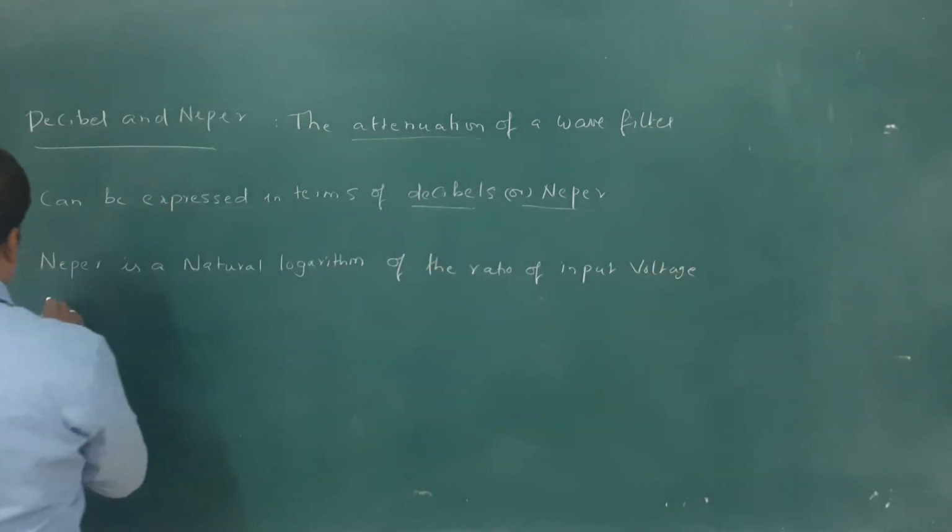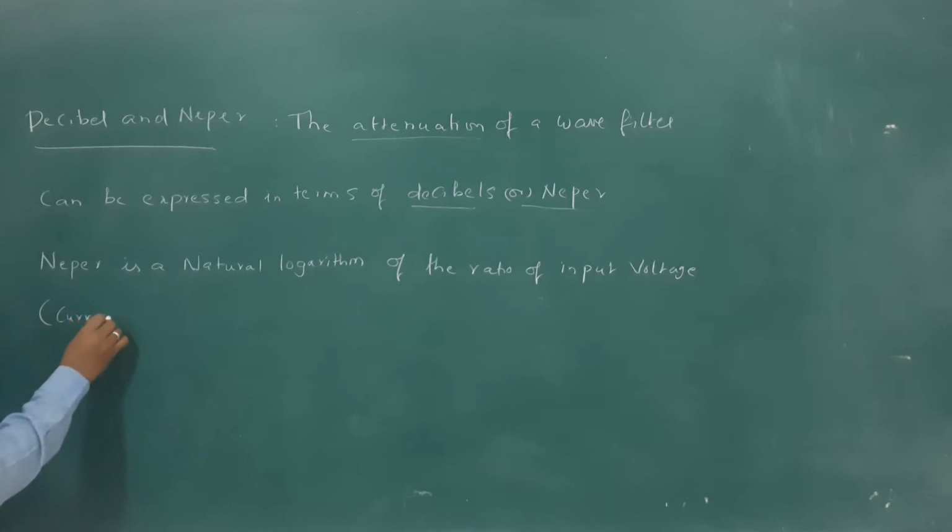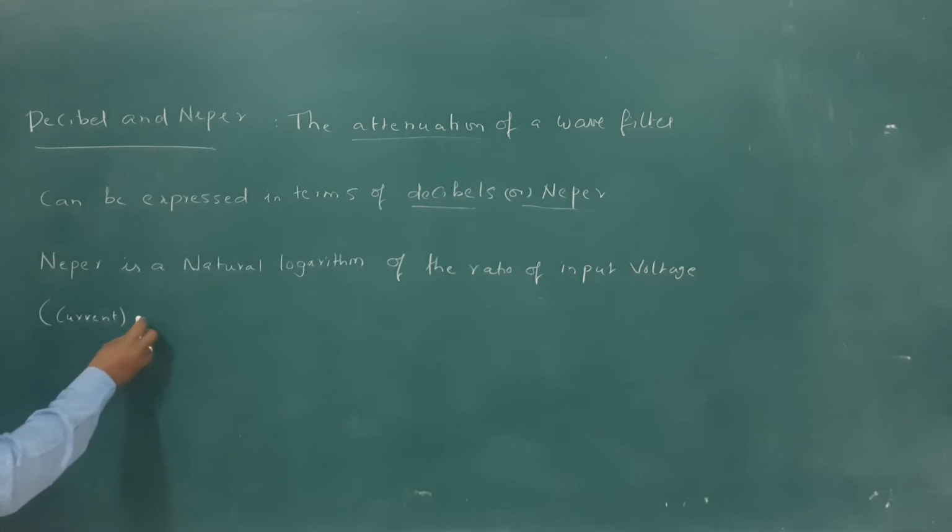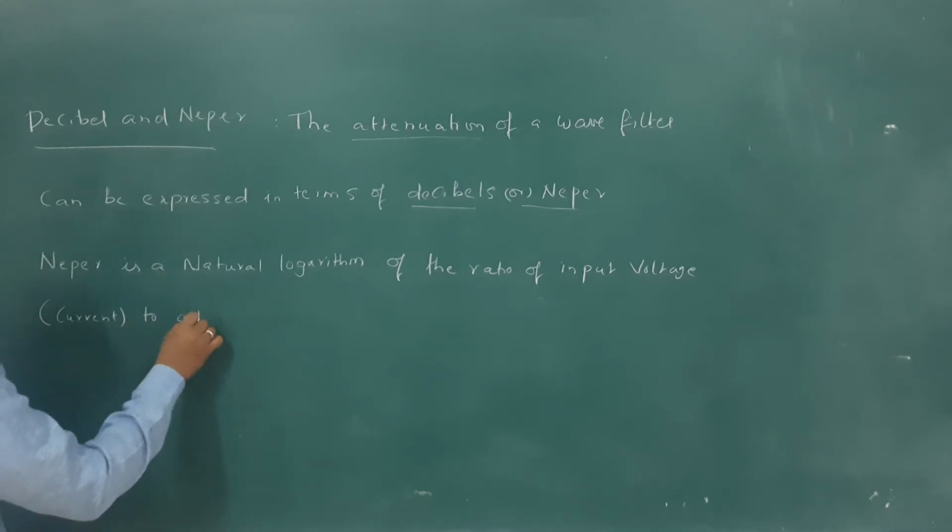It can also be the ratio of current, so I am writing current in the brackets. Neper is a natural logarithm of the ratio of the input voltage to the output voltage or current.